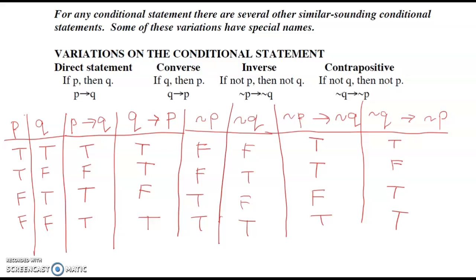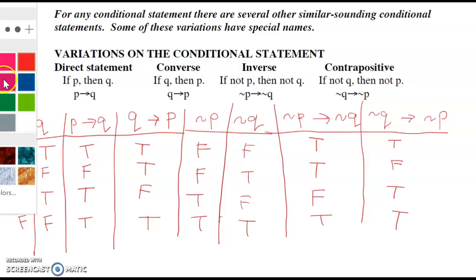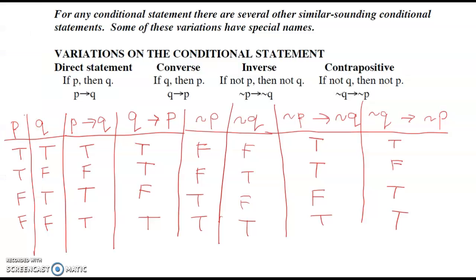Okay. So what you guys notice here is, please note, let me pick a different color. Okay, so this is the direct statement. This was the converse, inverse, and contrapositive.